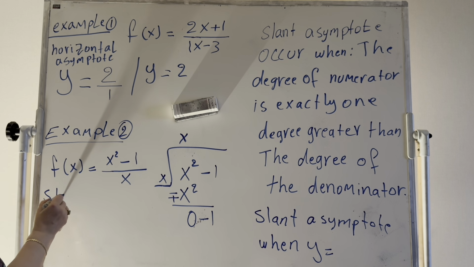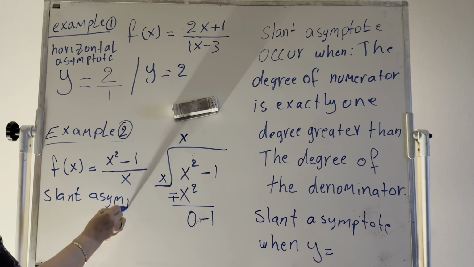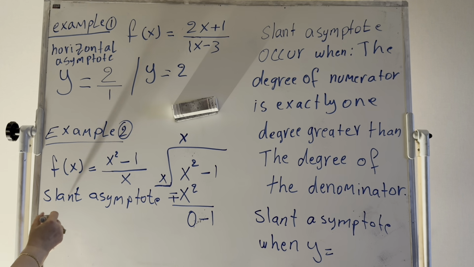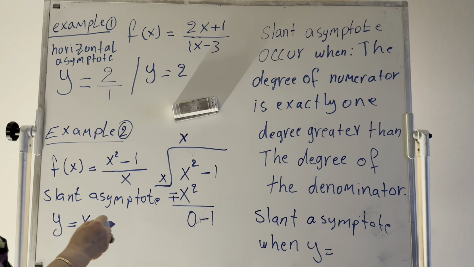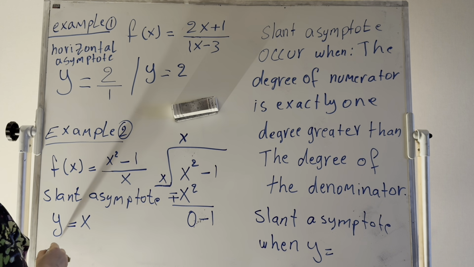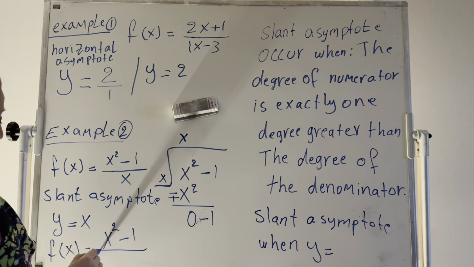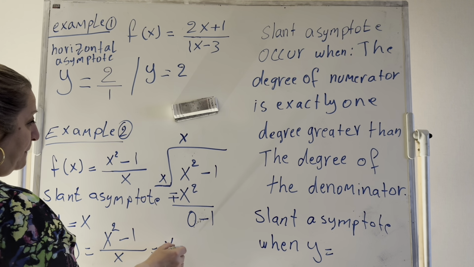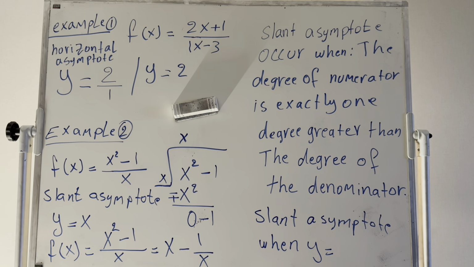The slant asymptote is y equals x, and I can write the answer of the division like that: x squared minus 1 over x equals x minus 1 over x.